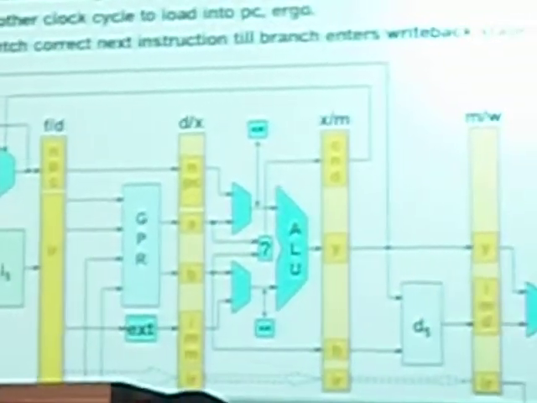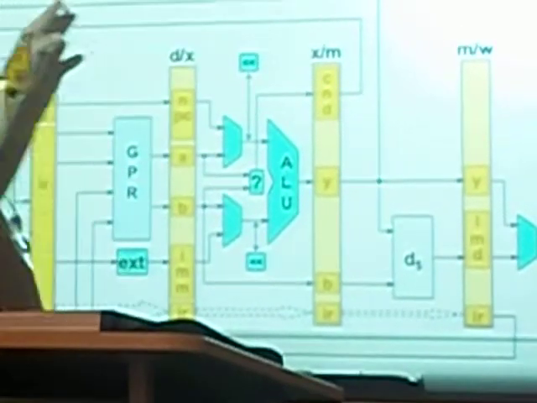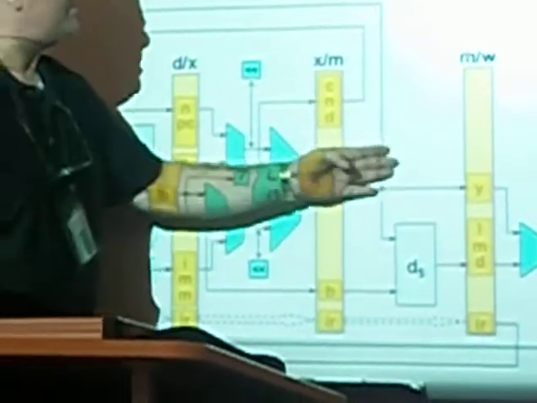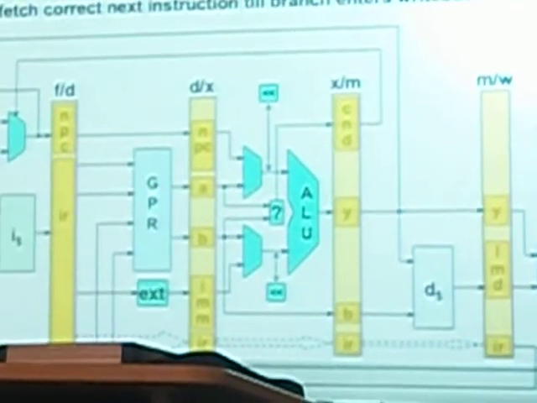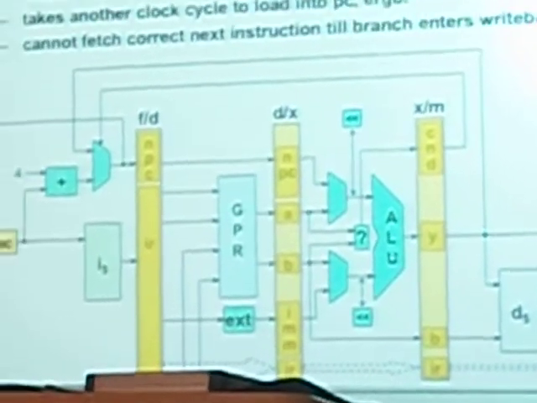After the branch enters the write back stage. So as soon as you get a branch in the decode stage, then decode, execute, memory, write back, depending on how you want to count, that's 3 or 4 clock cycles where you don't know what to do.